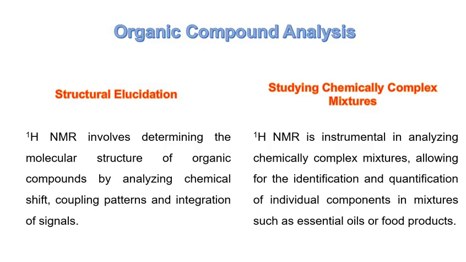Its integration helps estimate the relative concentration of each compound. Peak overlap is common, requiring techniques like two-dimensional NMR for clarification. Solvent suppression is used to reduce interference from common solvents like water. It enables non-destructive, rapid analysis of chemical mixtures like biological fluids or extracts.